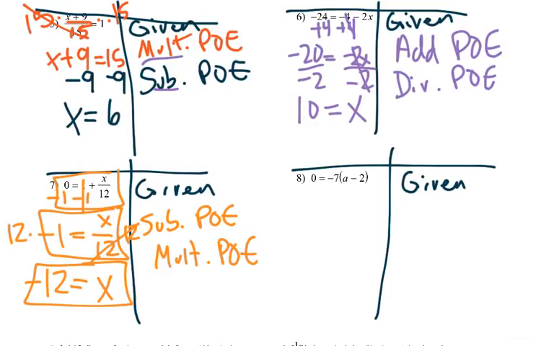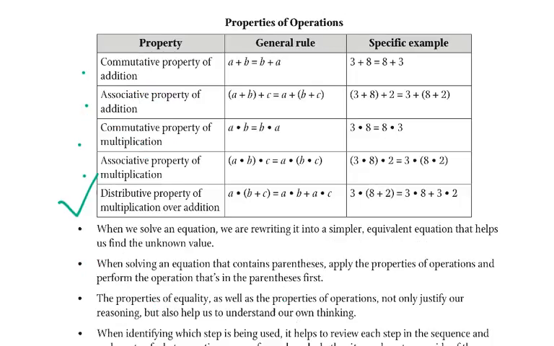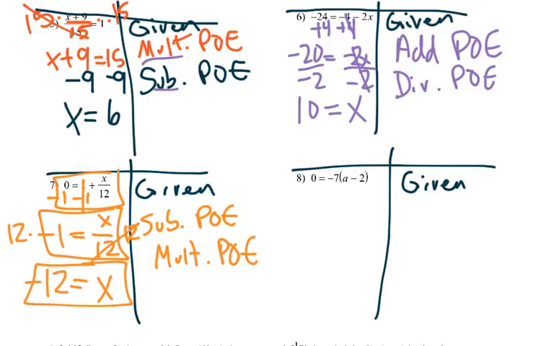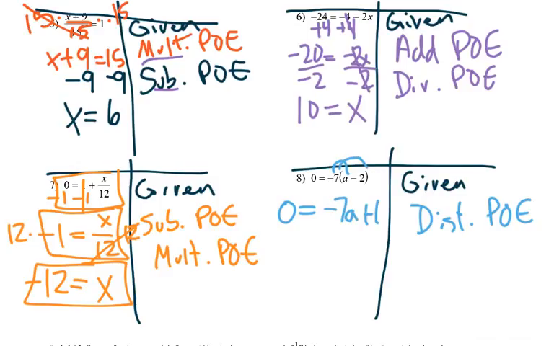So number 8, now this is where we look at the distributive property, and realize that when we have something times those, we can times each one separately. So that distributive, I'll just call it property of equality, means that 0 is equal to negative 7 times a, negative 7a, negative 7 times negative 2, positive 14.